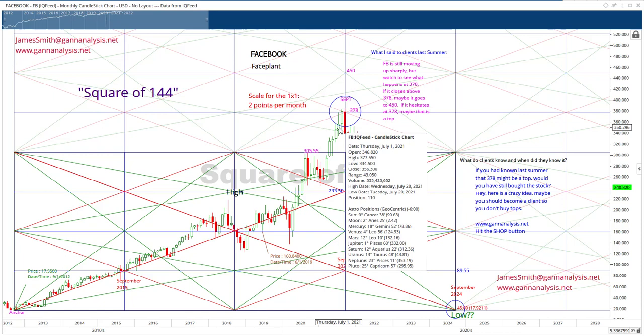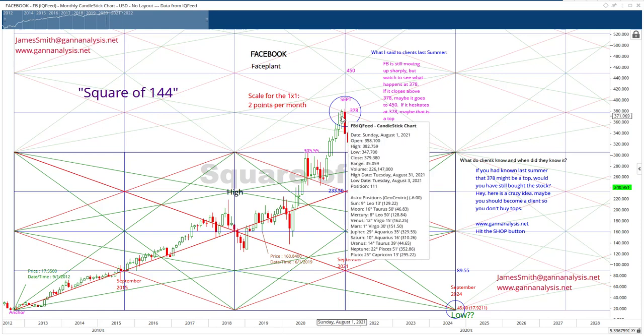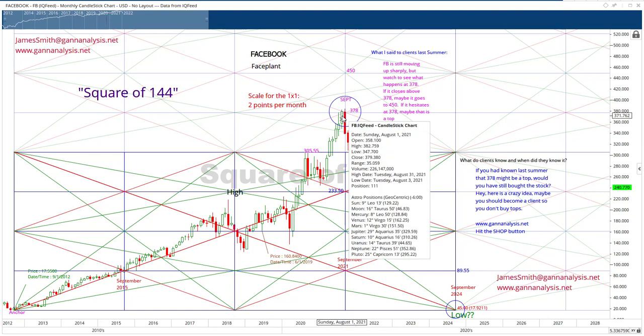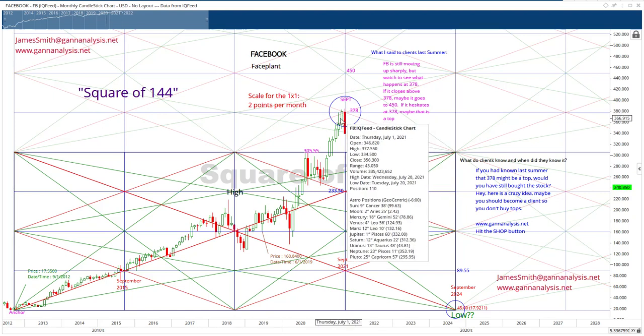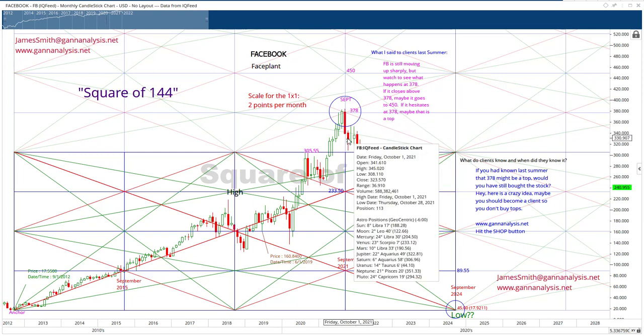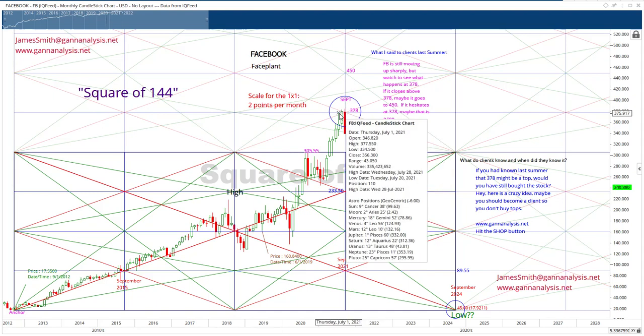Last summer, in July, it gave the exact high for that month, close to it. And for August, you can see the 1 by 1 down gave you resistance. And as you got into September, it really started to plunge. So 378 was active resistance.